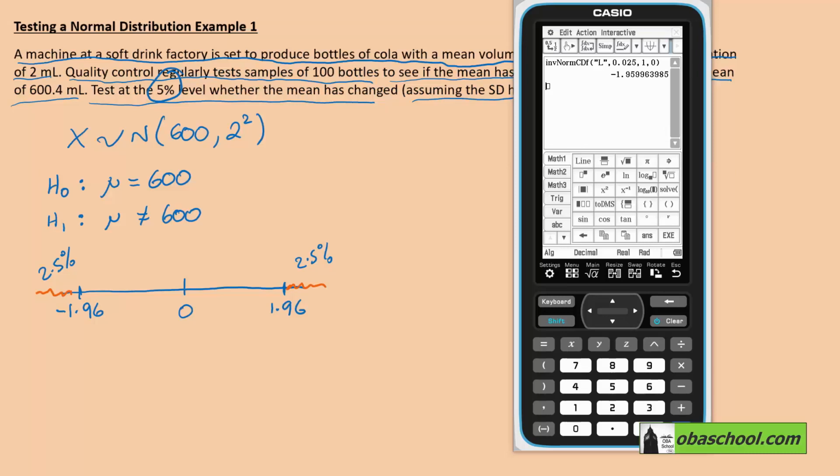So what I need next is my test statistic. The test statistic is z, and it's equal to x bar take away mu divided by the standard deviation over root n, where n here is the number of bottles in the test.